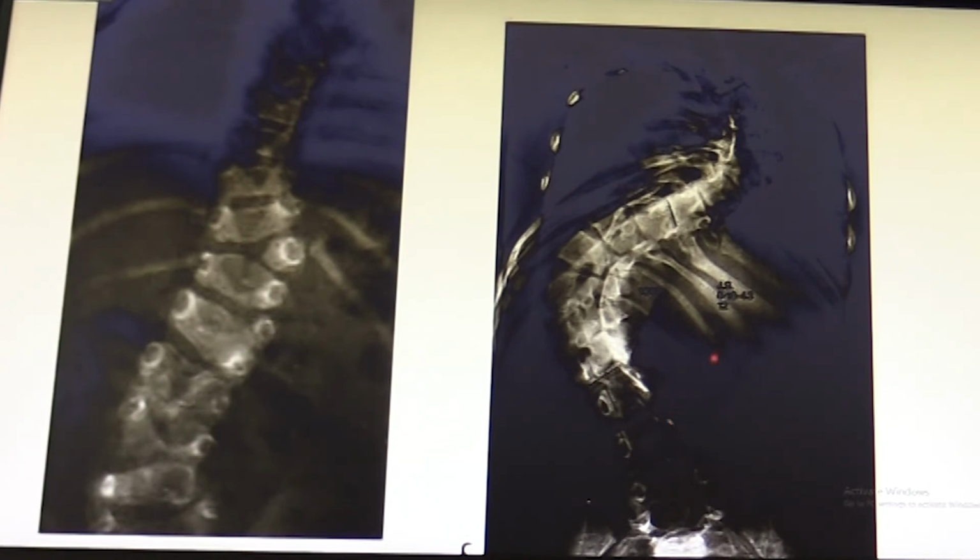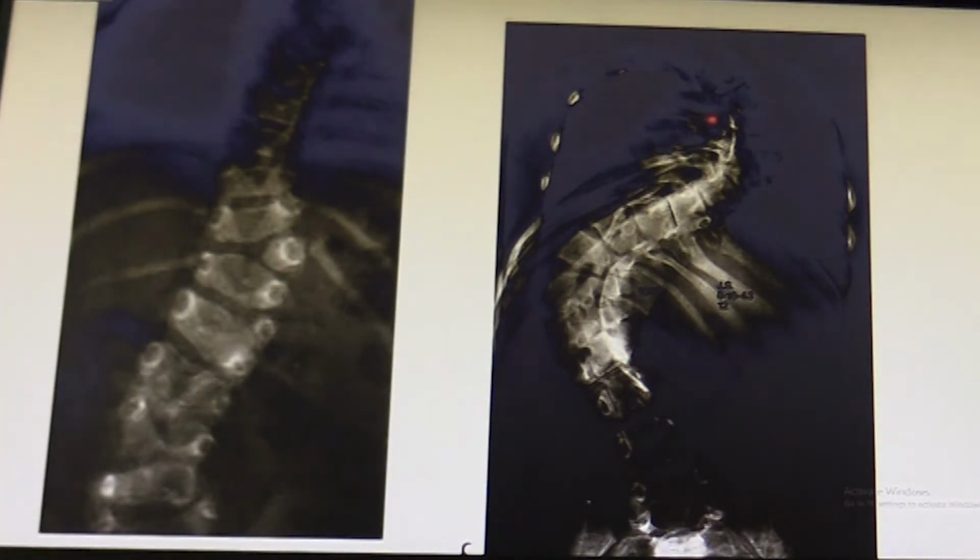But with a congenital anomaly that the child would have, for example, like this one, what we call a unilateral bony bar, that is a bony fusion in one side of the vertebrae that will cause retardation of growth on this side, but there is still growth on the other side, which will cause severe scoliosis, as we can see in congenital. Of course, this is beside adolescent idiopathic scoliosis, as we have said.